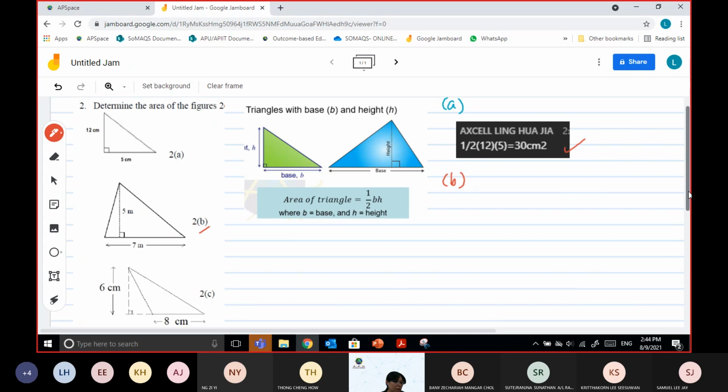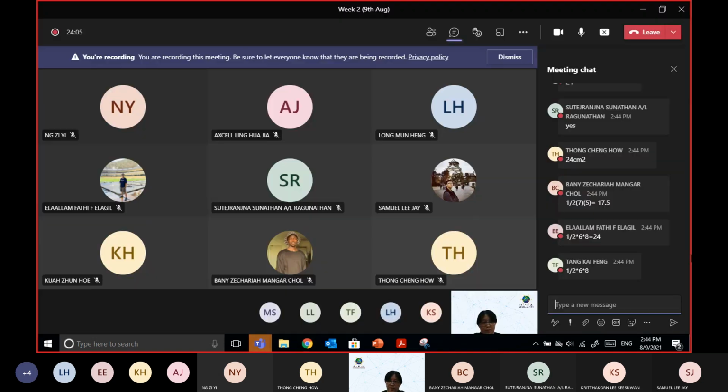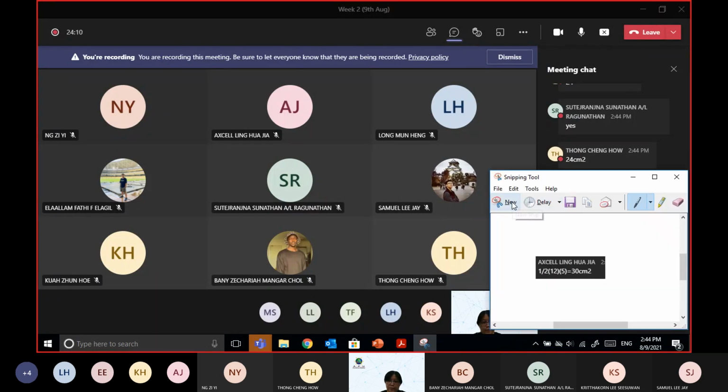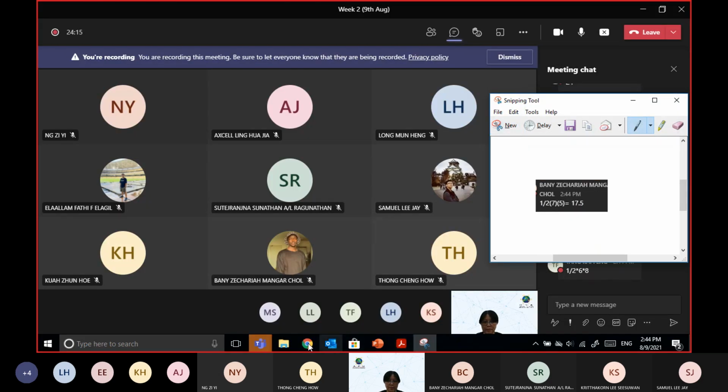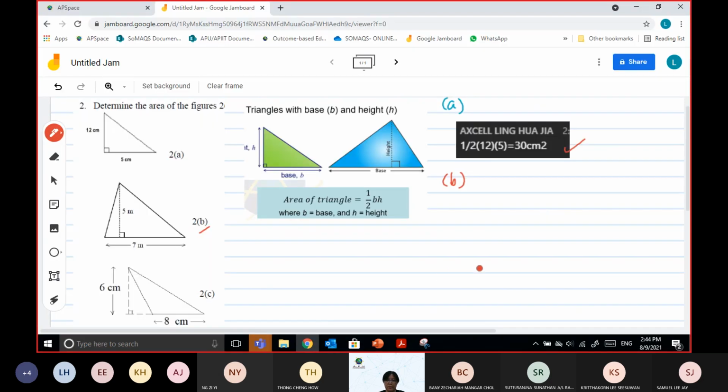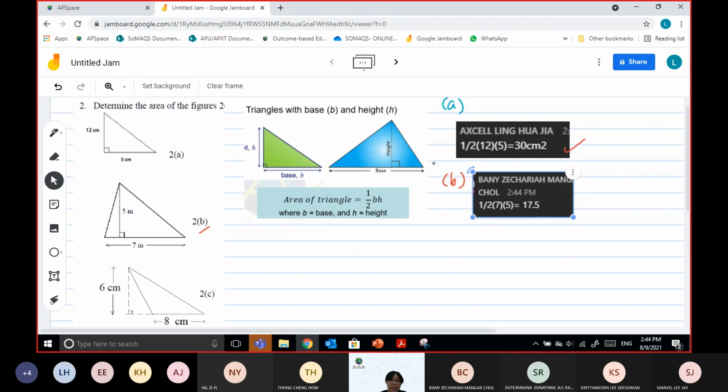Okay, so now from Benny. This is for question 2B. So it is half, multiplied with the base, which is 7, then multiplied with the height of 5.